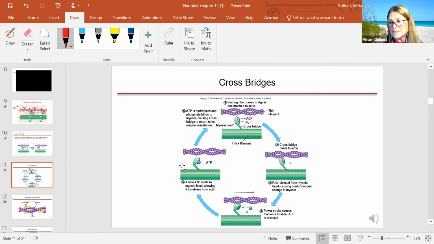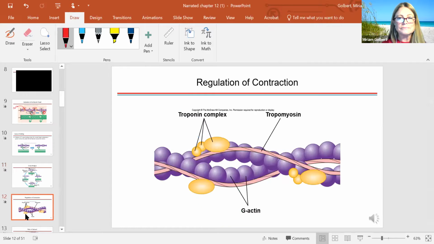Now, to all this, we need to add calcium. We talked about calcium a little bit, but now we have to put it all together. So you can see a very close up of the actin, the tropomyosin, and the troponin. I don't care if you remember troponin complex, just remember troponin, right?